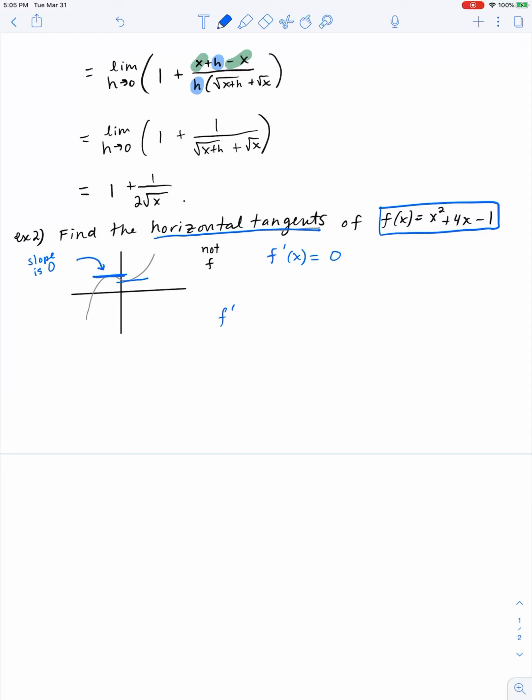So f prime of x is equal to the limit as h approaches 0 of x plus h quantity squared plus 4 times x plus h minus 1, then minus x squared minus 4x plus 1, all over h.